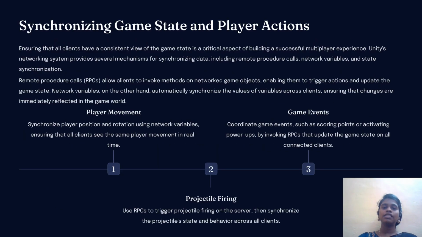Synchronizing game state and player actions. How we go about synchronizing the game state and ensuring that all the clients have a consistent view of the game state is a critical aspect of building successful multiplayer experiences. Unity networking systems provide several mechanisms for synchronizing data, including remote procedure calls, network variables, and state synchronization.